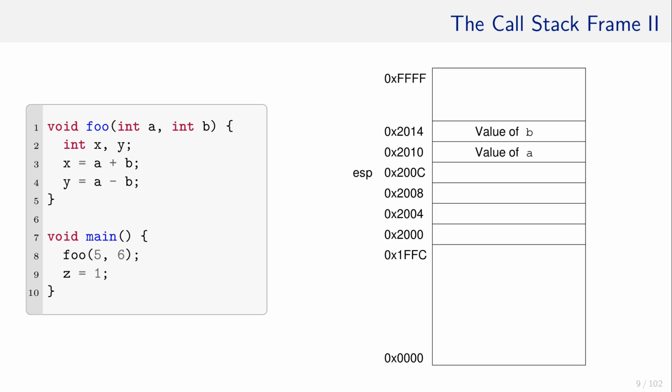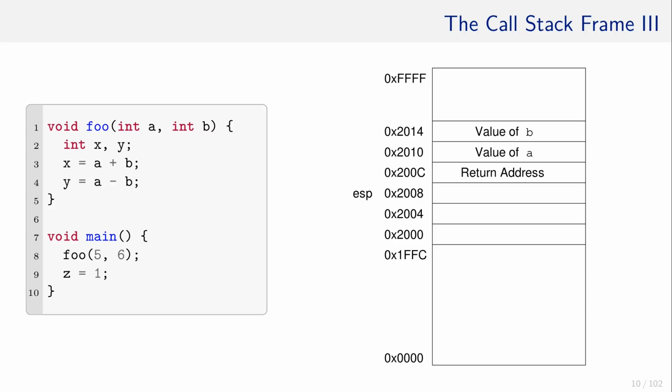First, the values of the parameters given to foo are put on the stack. In this case, b equaling 6 is stored on the stack first, followed by the integer a, which is set to 5. When 6 and 5 are stored on the stack, automatically ESP is decremented and walks downwards to the lower addresses.